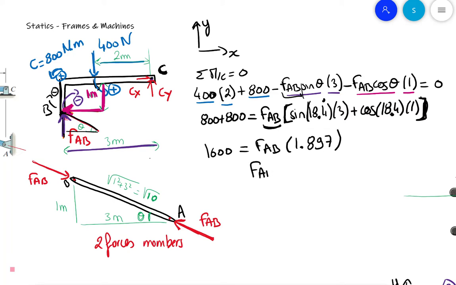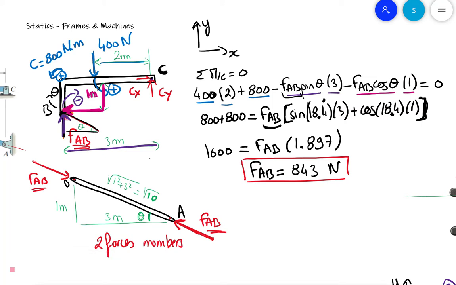You find FAB is equal to 1600 divided by this, which is 843.3843 Newton. That's FAB, so this FAB, this FAB, this FAB, they are all the same.